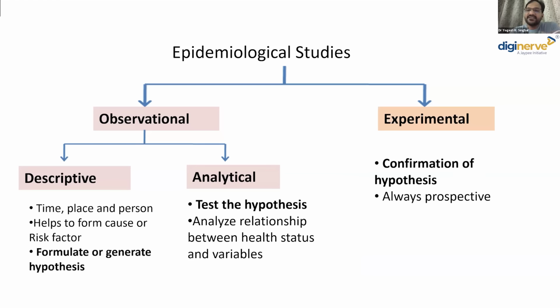Later on, if the person develops the same symptoms, it means the disease causation is confirmed by the experimental study. Experimental study is a prospective study, and in experimental study we always go prospective. It means we will introduce the causative agent inside the body, and we will wait for the development of the clinical features.